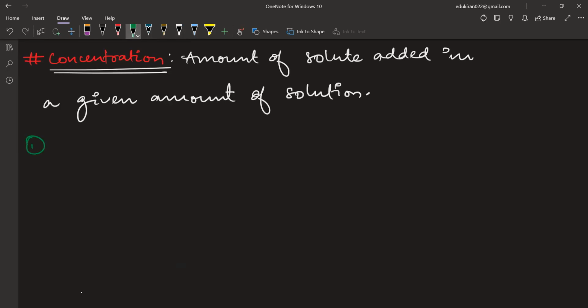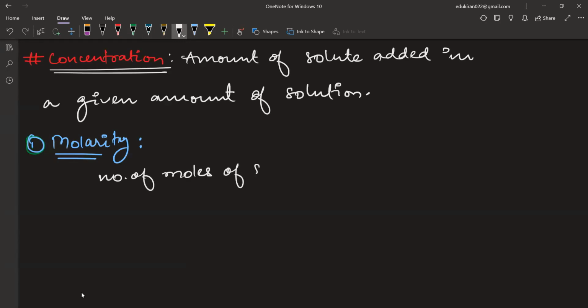Right, number one. Molarity. What is molarity? As simple as that. It is the number of moles of solute per liter of solution.